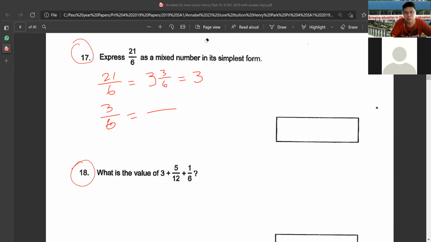You try. Wrong, never mind. I want you to try. Because this is not exam, you try. 3/6 in simplest form is 1/2. Yes, 1/2.